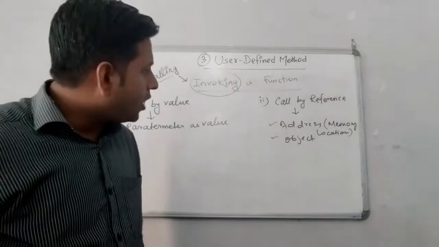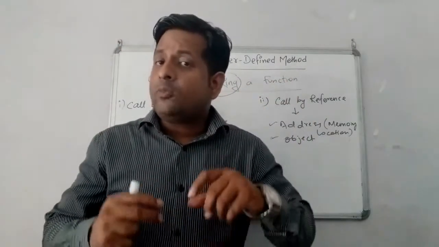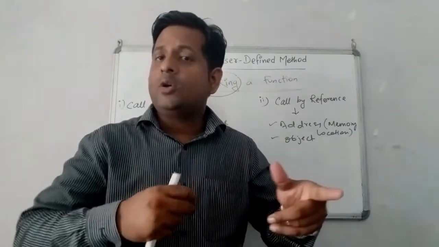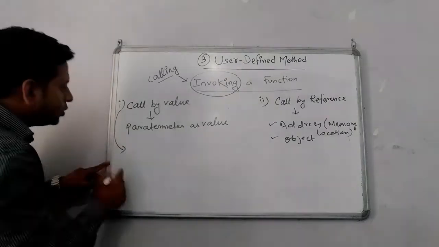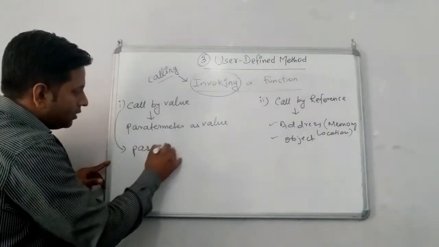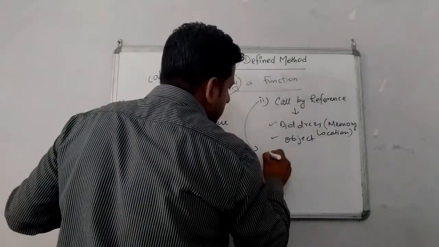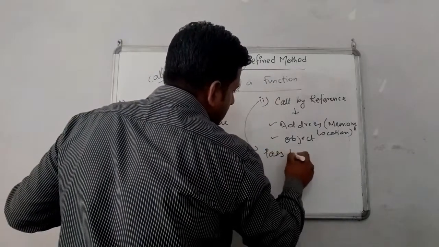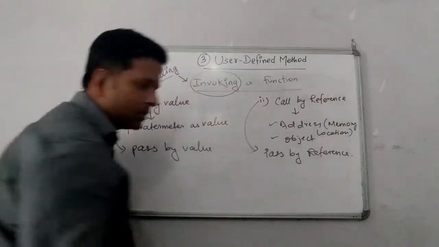So children, we learned about calling, but sometimes we need to pass also. We need to pass the value. So this call by value is also known as pass by value, and this call by reference is also known as pass by reference.